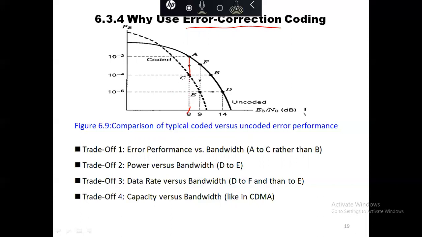Similarly, if I want 10 raised to power minus 6 probability of bit error, this error performance is achieved with less transmitted power, which is 9 dB compared to 14 dB. So how much gain is it? It is almost a gain of 5 dB. So 5 dB gain is a very good achievement.